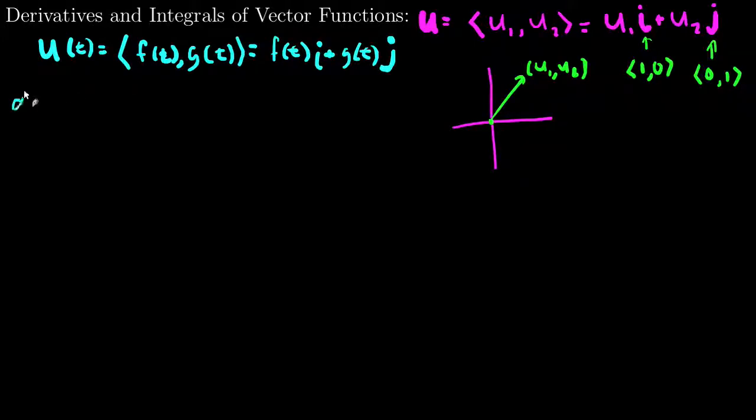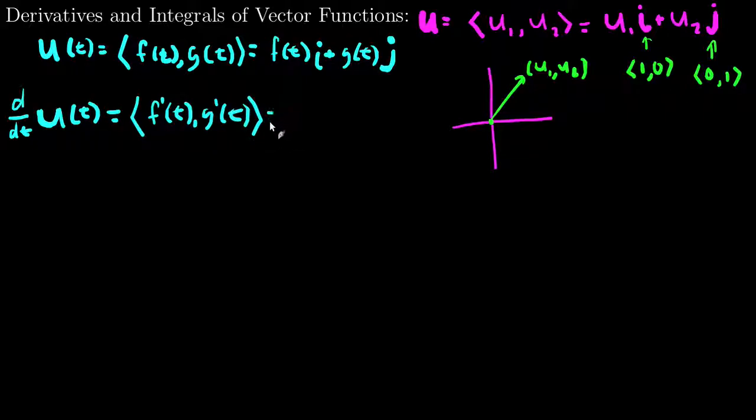So the derivative with respect to t of u of t will be just the derivative of the components, f prime of t, g prime of t, which I could also write as f prime of t i plus g prime of t j.